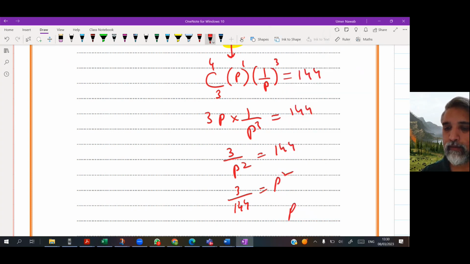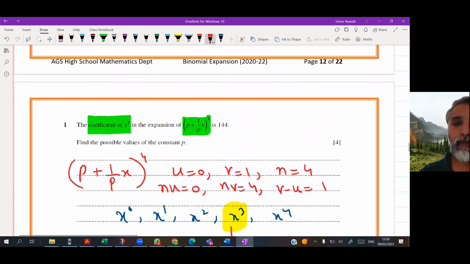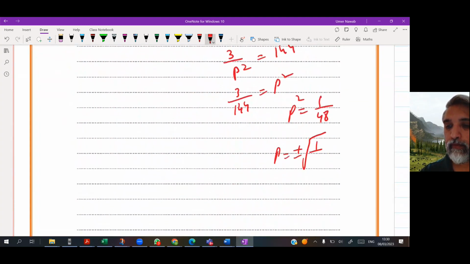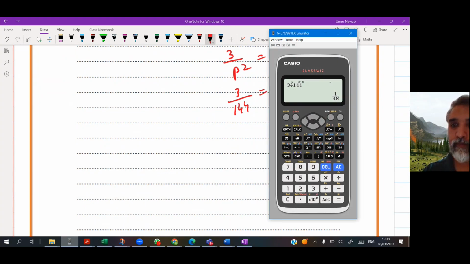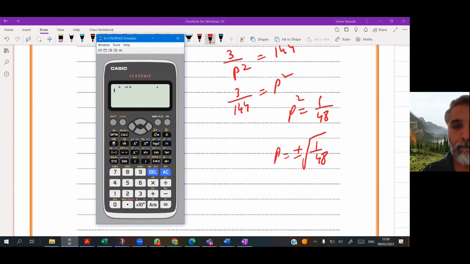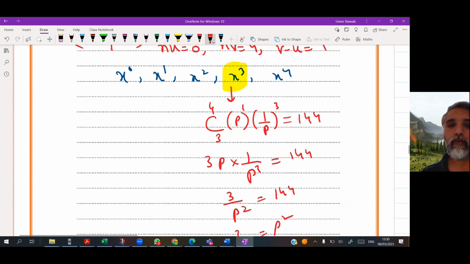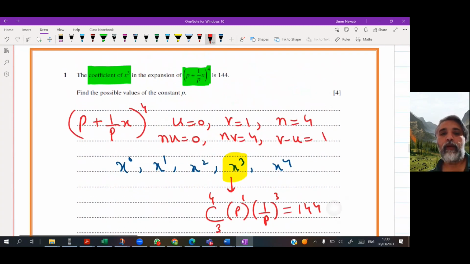Possible values, yes, we found the values.